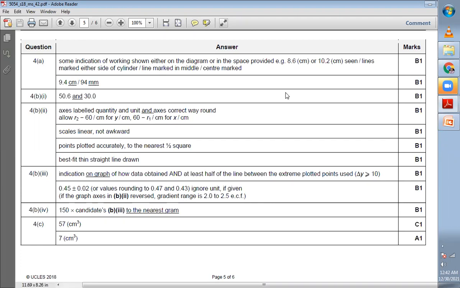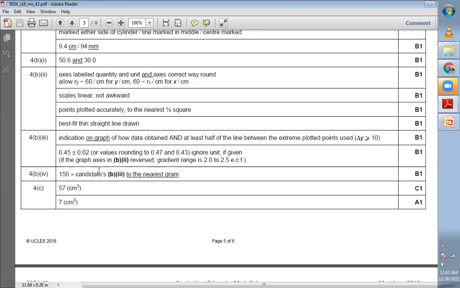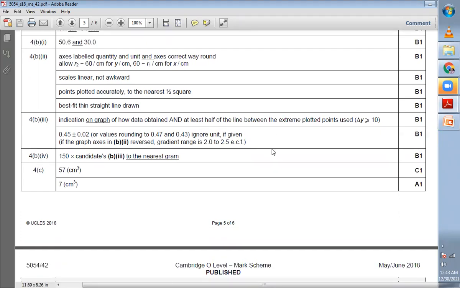Allow R2 minus 60 cm for Y and 60 minus R1 cm for X. Scales linear, not awkward, points plotted accurately to the nearest half of a square. Best fit line, a straight line drawn.